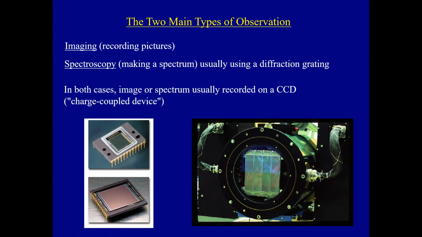There are ways to reproduce colors, but basically CCDs are monochrome and very highly sensitive to photons, so they are used to record either images or spectral components from an astronomical body.